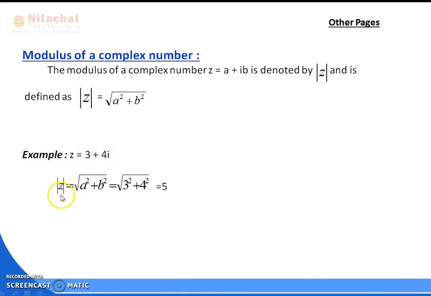So mod Z equals under root a squared plus b squared, equals under root 3 squared plus 4 squared. 3 squared is 9, 4 squared is 16. 16 plus 9 is 25. Root of 25 equals 5. So this is your mod Z equals 5. Clear? So like this you will know about the modulus of Z and this is the formula.